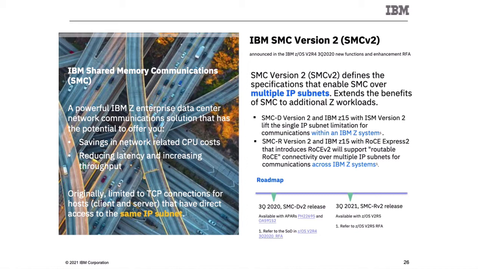It allows peer-to-peer communication within an IBM Z system when the peers reside in different subnets. SMC-Rv2 was made generally available as part of the V2R5 GA on z15. This support, also known as routable RoCE, allows peer-to-peer communication across different z/OS systems that traverse one or more network routers.